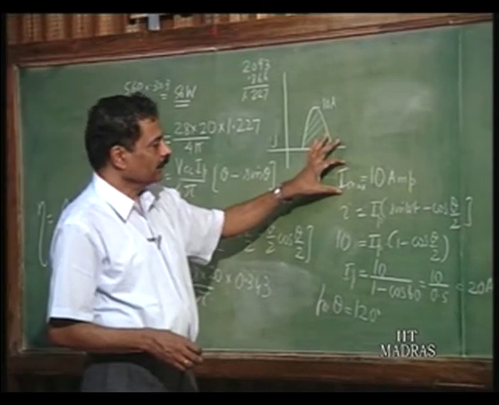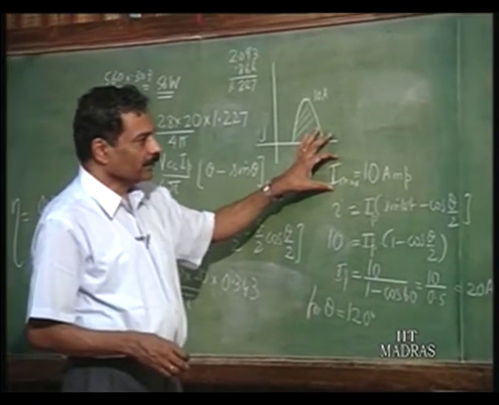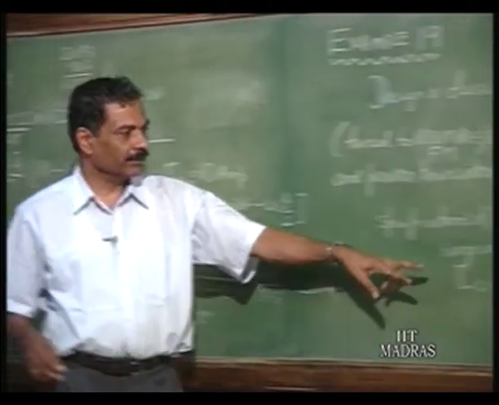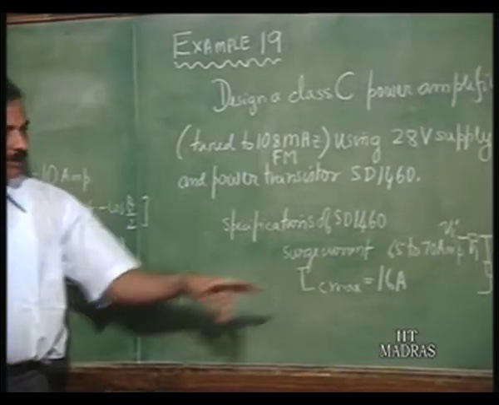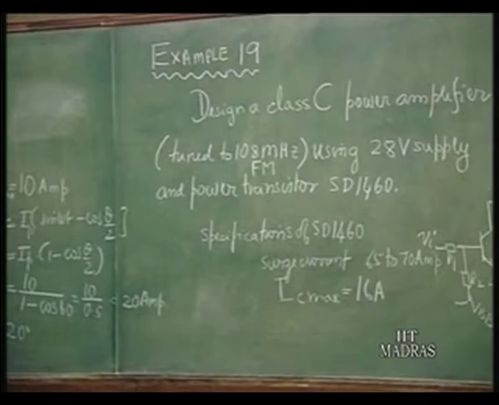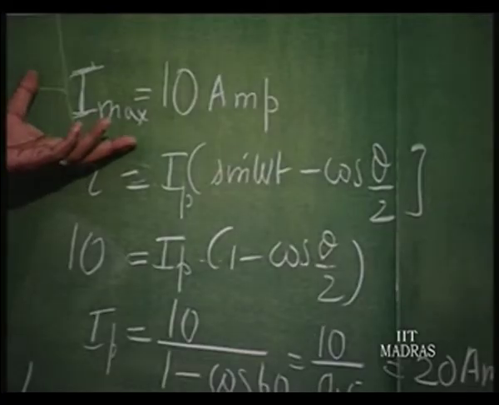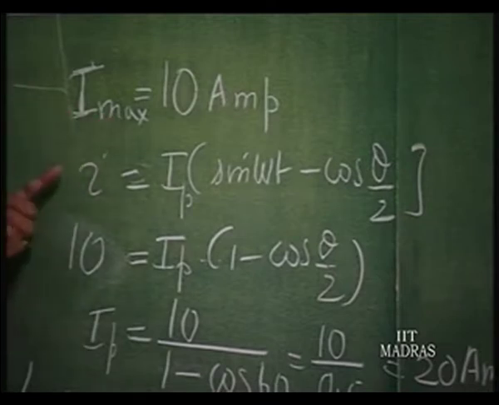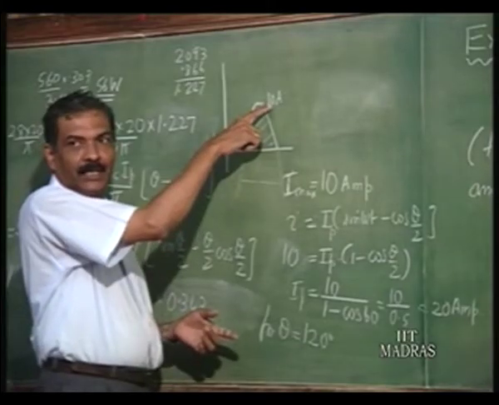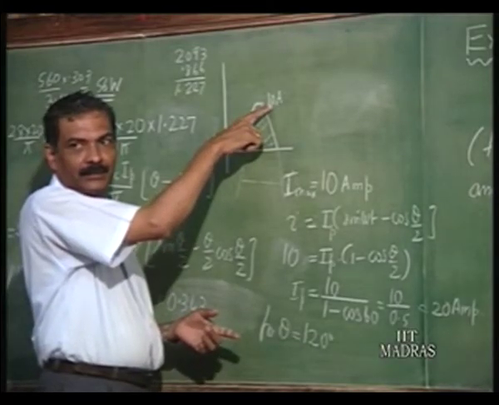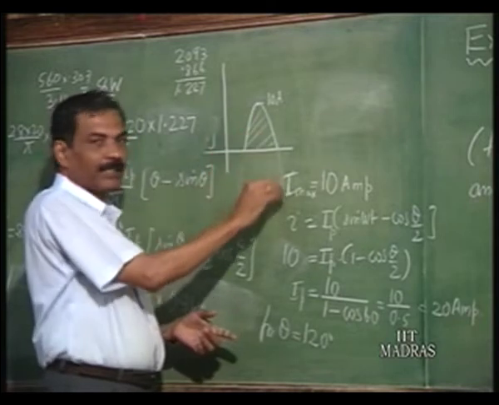I max is chosen from this IC max, the collector current 16 amperes. So, let us select something like 10 amperes as the permissible maximum current we will have for the transistor typical operation. So, the current waveform, okay, shall have 10 amperes as the maximum current in it. It is part of a sine wave.